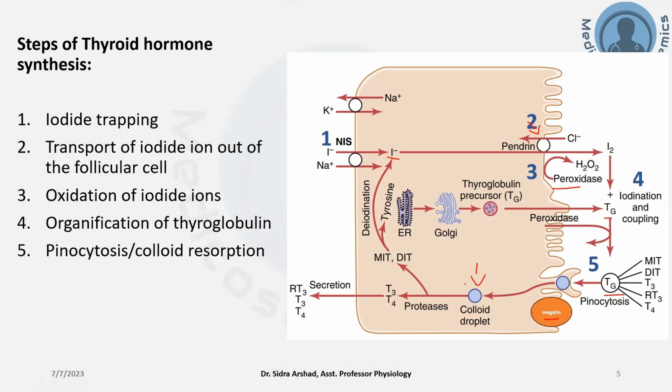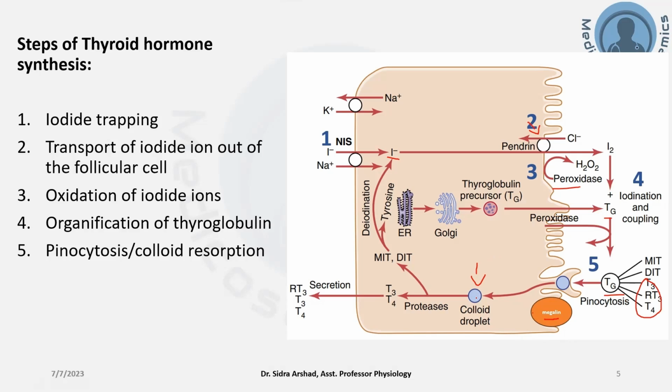Why is it important? If you remember, the thyroid hormones are not free. They are right now associated with the thyroglobulin molecule. They have to be broken free from this. So how is it going to be established? It is going to be established by proteases, which are present inside of the lysosomes. So these lysosomes are going to fuse with the colloid droplet.